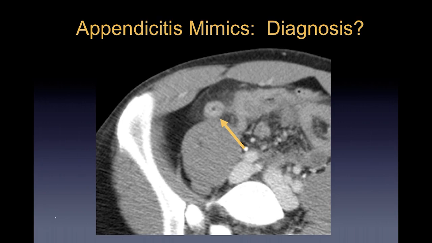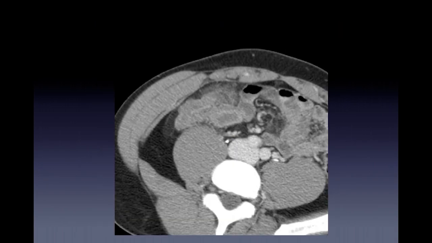But I will mag up on the appendix here. You can see quite thick, lots of stranding around it. But if we look at another level in the same patient, this is the area of the terminal ileum and cecum, and we see that the inflammation anterior to the terminal ileum and cecum is much greater than it was around the appendix.